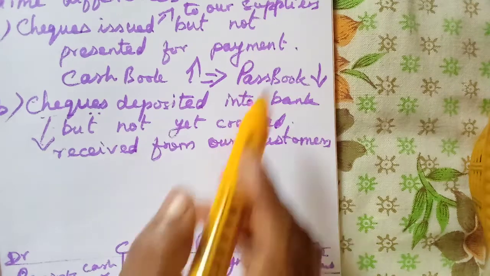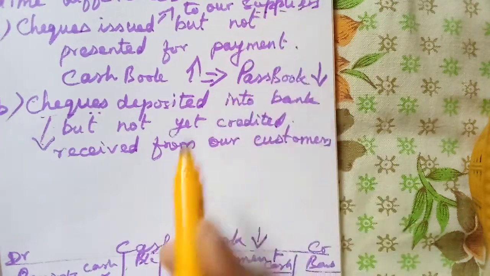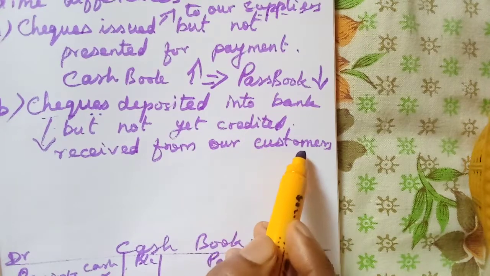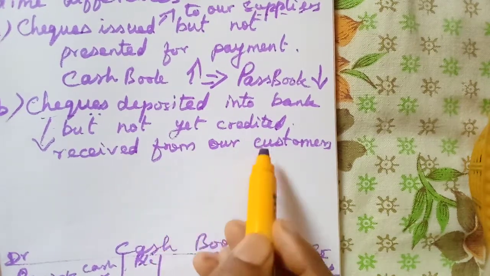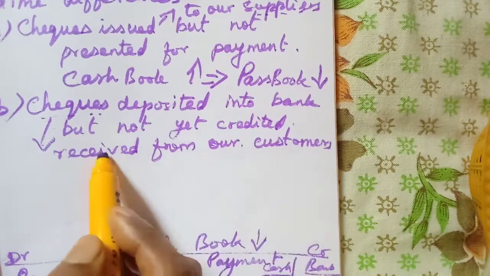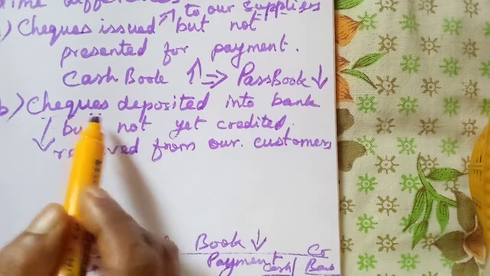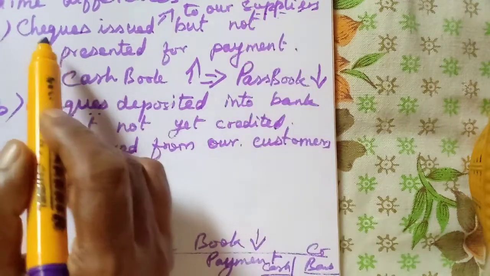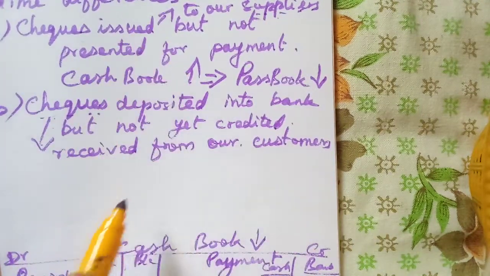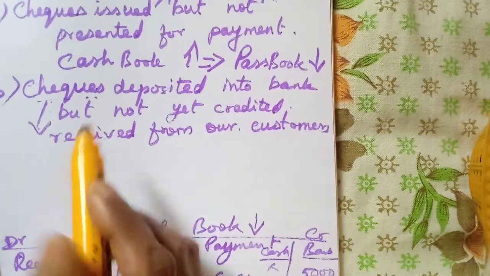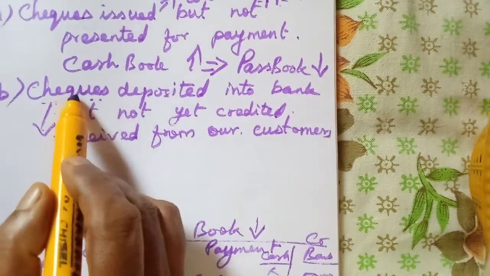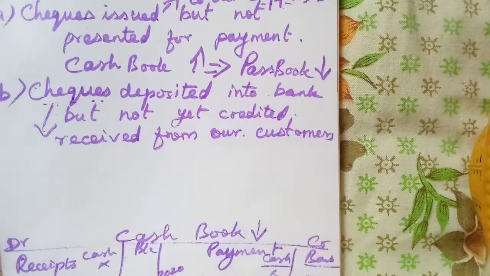We purchase goods from these suppliers on credit. Here we sell goods to our customers on credit. That is why we will receive amount from them. So they have given us a check. Here we need to pay amount to our suppliers. We have issued checks to them. So these checks we have in our hand. That check we have deposited into bank.